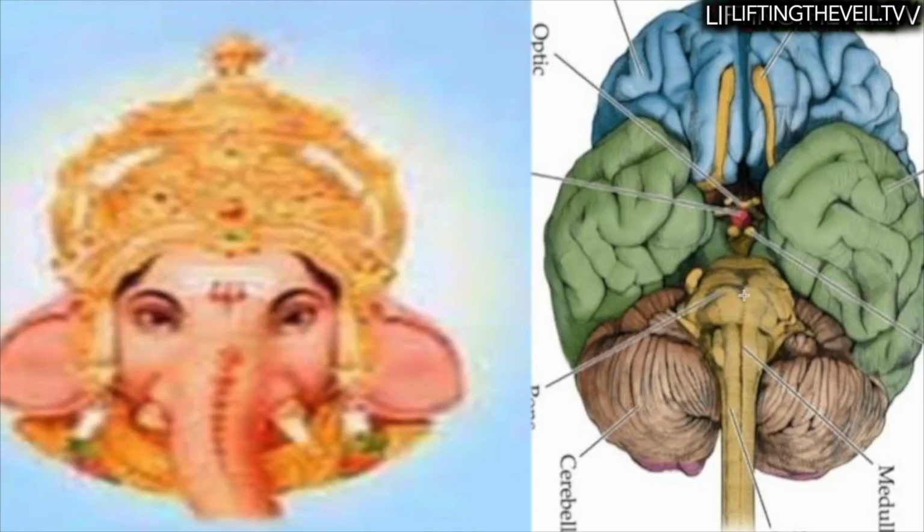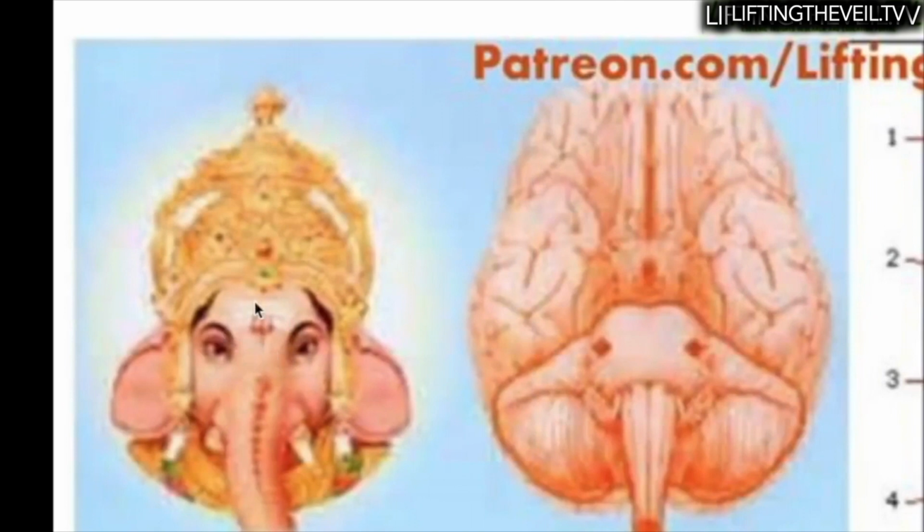And then depicted on the crown of Ganesha is direct correspondence. Notice the little dot is the exact location of the pineal gland. So again, located right on the psi of Ganesha's forehead, the psi, the psychology, the psyche, is the exact location of where the pineal gland is located in the brain, at the top of the diencephalon.